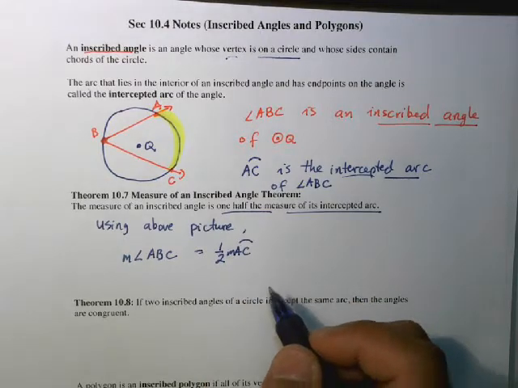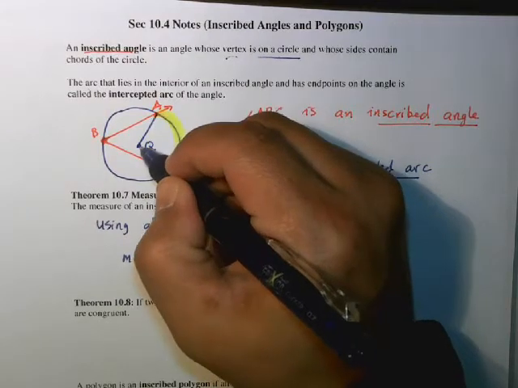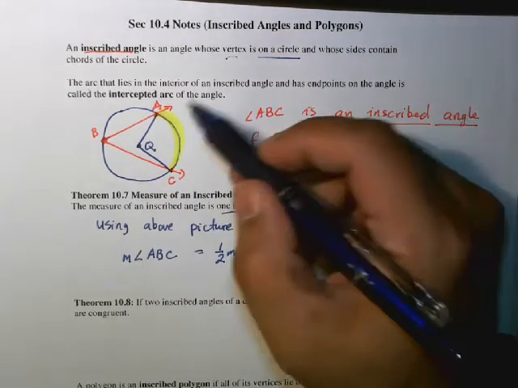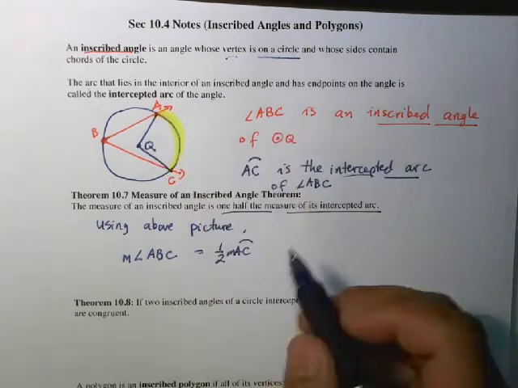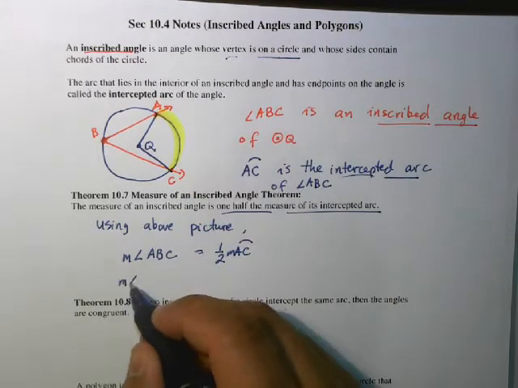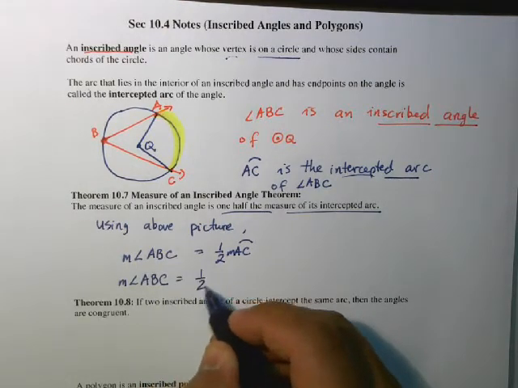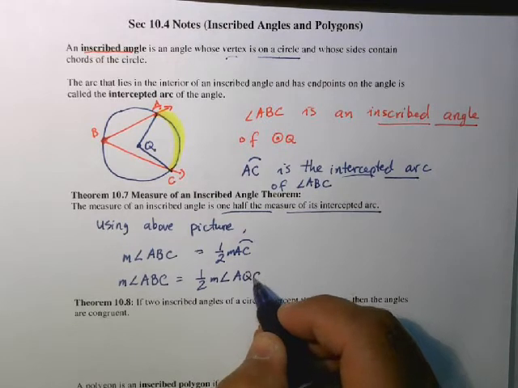Now keep in mind though that the measure of arc AC is really the measure of angle AQC, okay? Because from what we've learned before, the measure of an arc is just the measure of its central angle. So another way we can say this is that the measure of angle ABC is equal to 1/2 the measure of angle AQC.